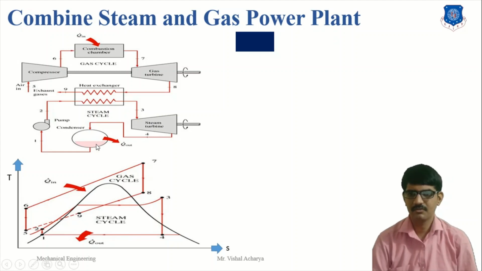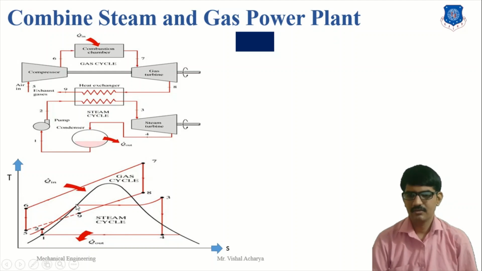Here heat is removed and the water is transferred to the boiler again by the feed pump. Water is converted into steam by the heat from the gas turbine exhaust gas. In a TS diagram, this diagram is the Brayton cycle and this diagram is the Rankine cycle.